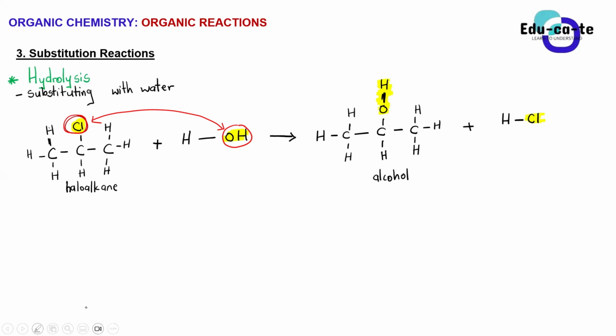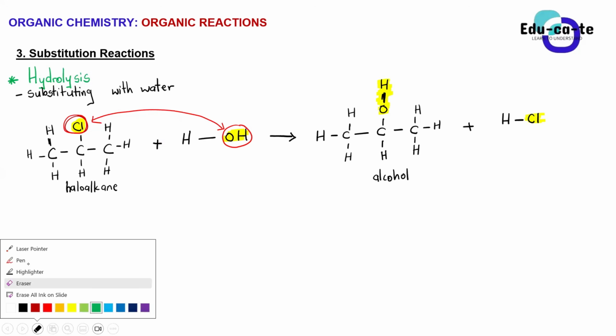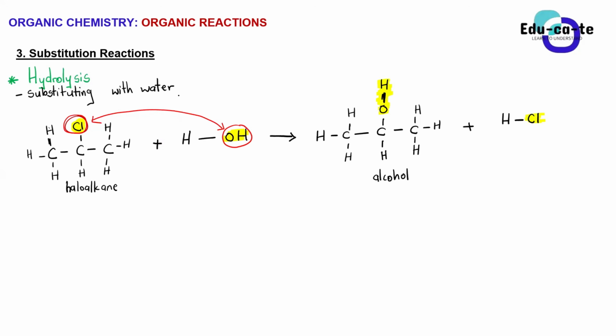It simply means that the Cl goes to the hydrogen and then the OH goes to the Cl and replaces it. So it's a substitution reaction. This one is known as hydrolysis, and hydrolysis will require you to have a dilute. So let's just write the reaction conditions here.